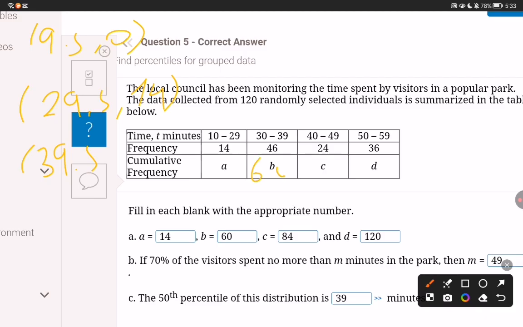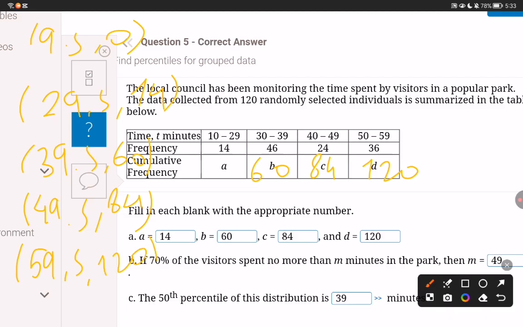Your B is 60, so 60. Then 49.5, your C is 84, so 49.5, 84. And then D is 120, so 59.5, 120. And then you plot all these points.